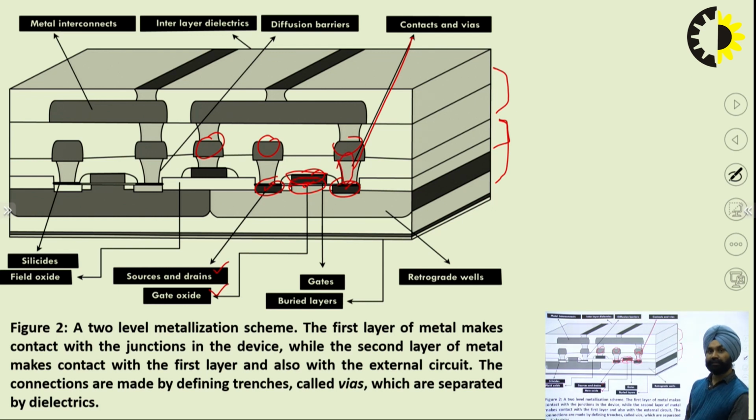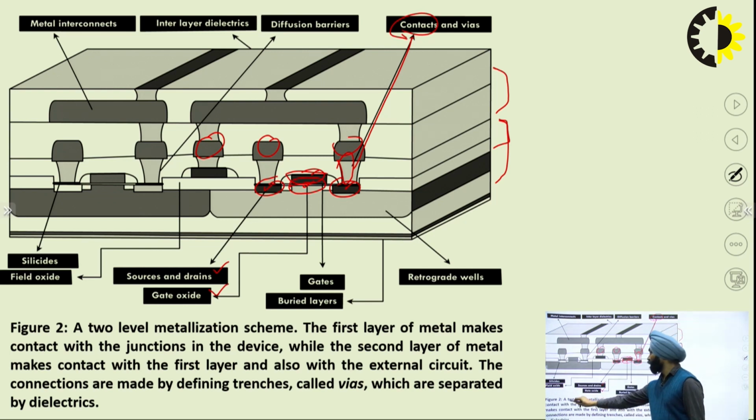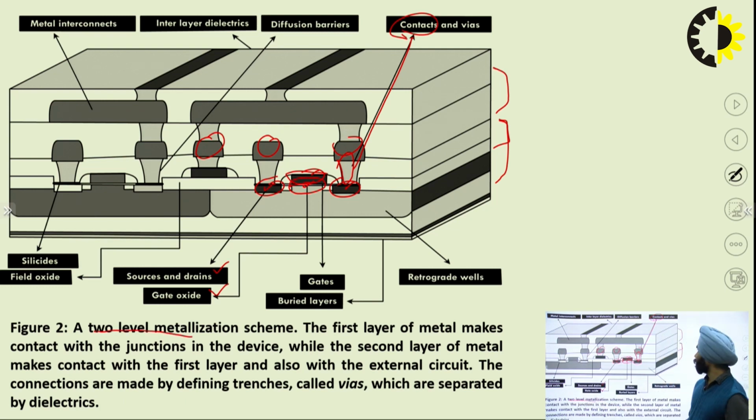So these two layers are connected through the contacts. So this is called a two level metallization scheme, where we have two different devices, one device and the second device, that are connected with the help of the metallization.